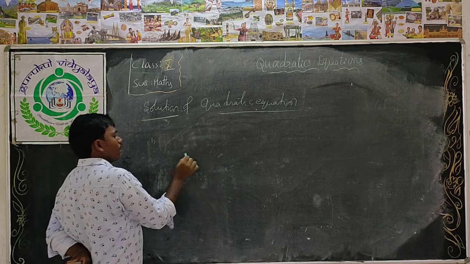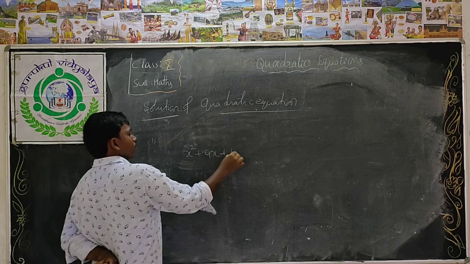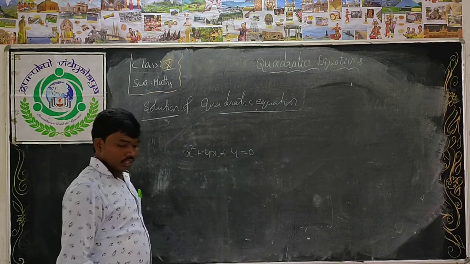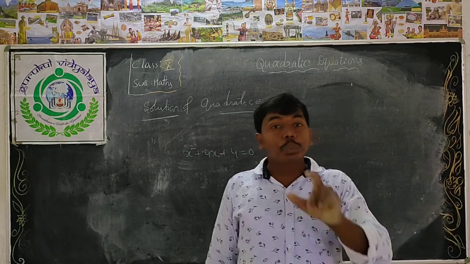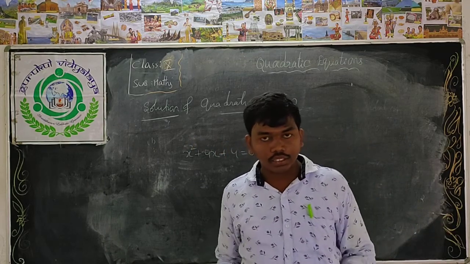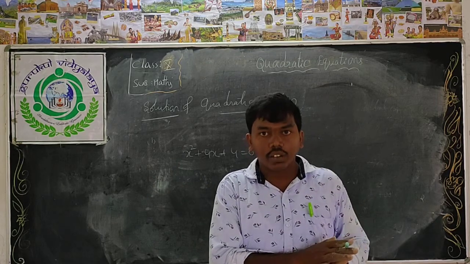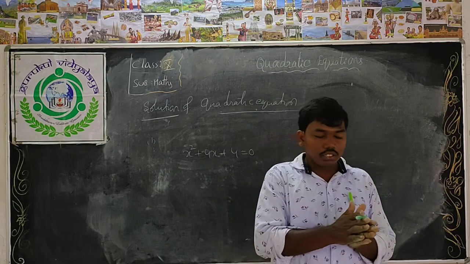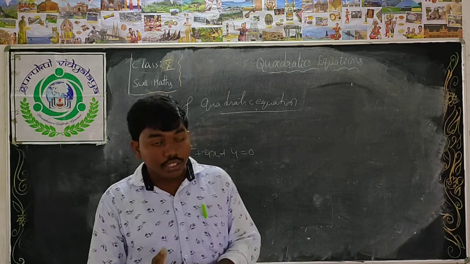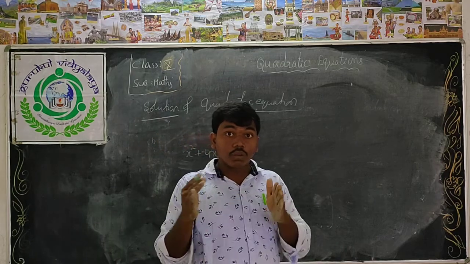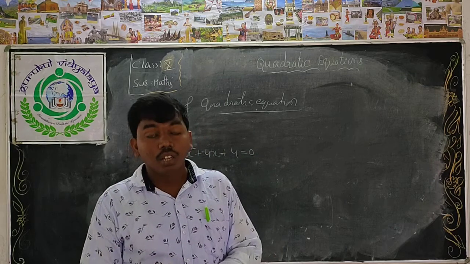For example, x square plus 4x plus 4 is equal to 0. Now I will solve one quadratic equation by the splitting method. We have different methods. This is the splitting method, and we can solve the quadratic equation by the completing square method, and we have one formula, x equal to minus b plus or minus square root of b square minus 4ac by 2a, that is the quadratic formula method.